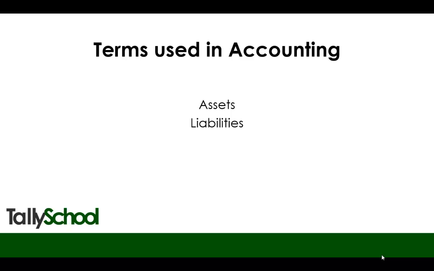Liability is exactly the opposite of an asset. A liability is something you owe, or something you have to give someone. Let's continue with the previous example about your company.